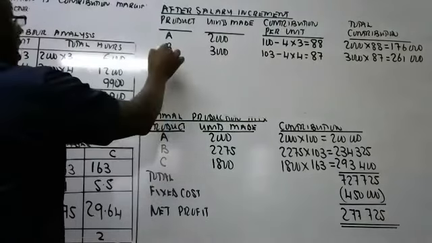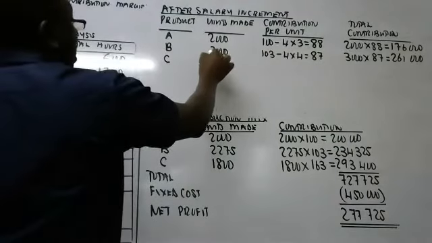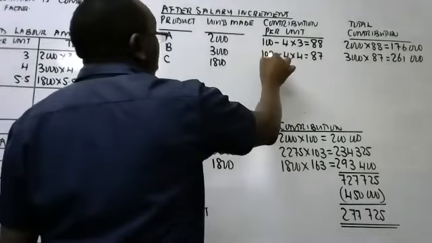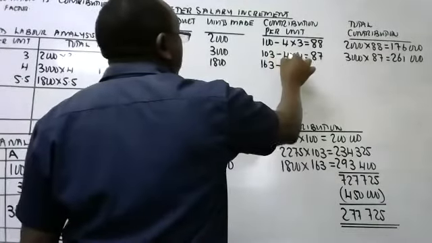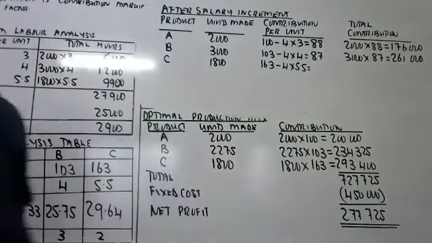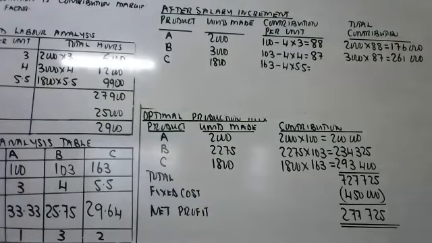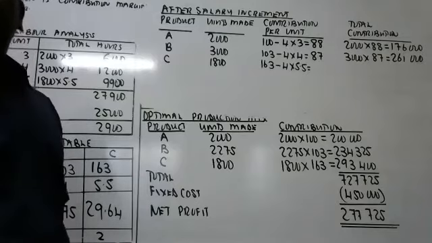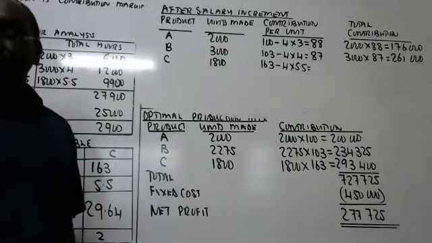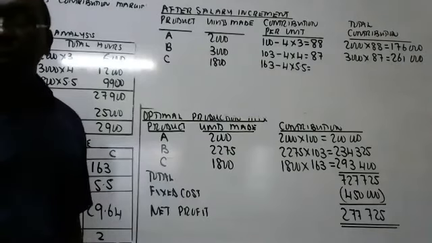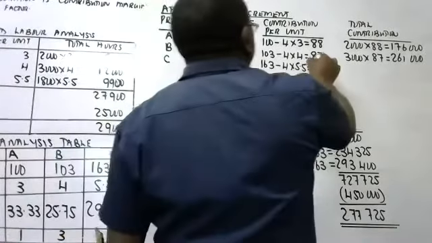Then we go to product C. We are making 1,800, and this goes down: 163 minus 4 times 5.5 is $141.